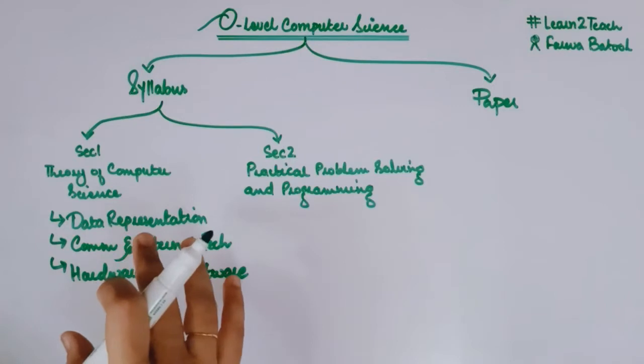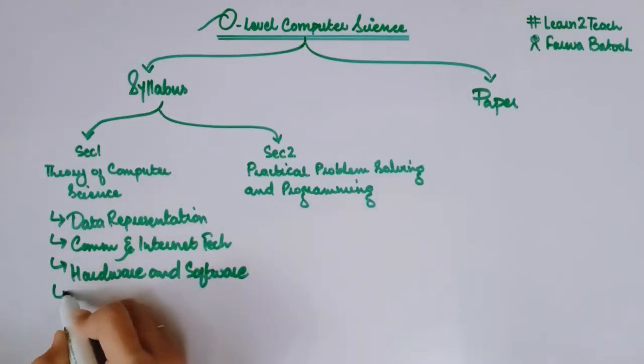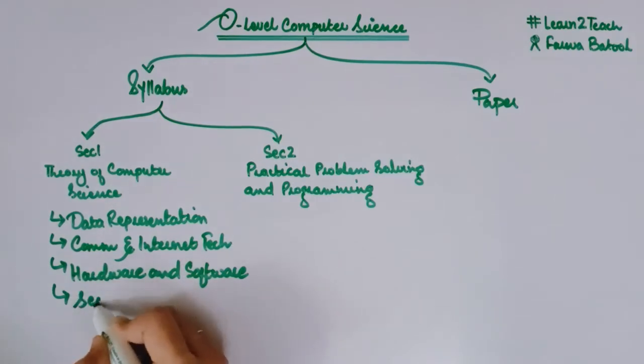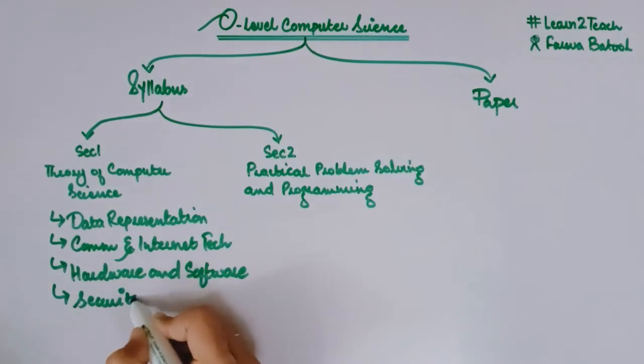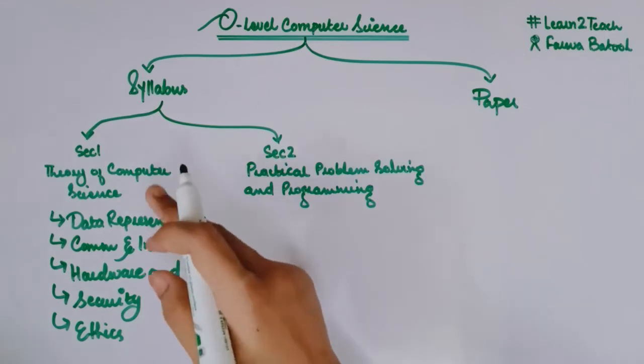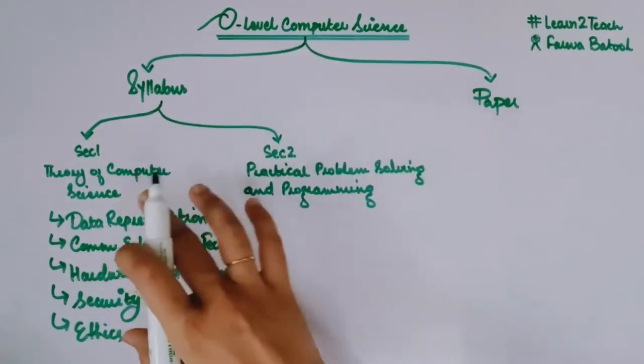So much more is going to be taught in this topic. Then we have the fourth one, that is security, and the final we have is ethics, right? So these are basically the 5 topics we are going to cover in this section.